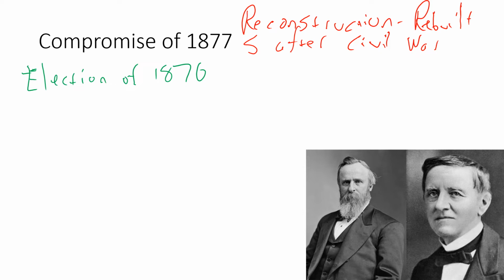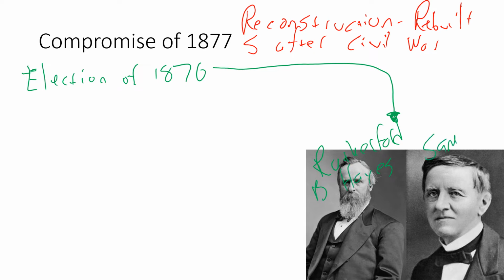So in 1876, you had two candidates, and you can see their pictures down here. The one on the left is Rutherford B. Hayes, and the one on the right is Samuel Tilden. Both of these guys are going to run for President of the United States.